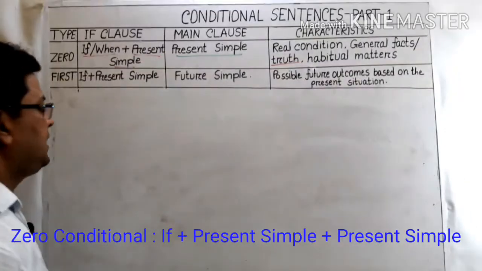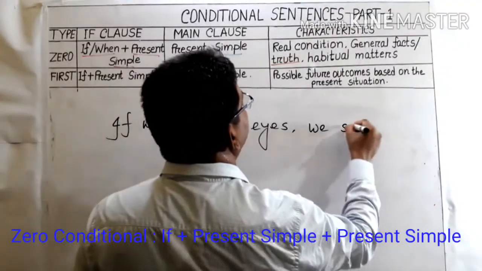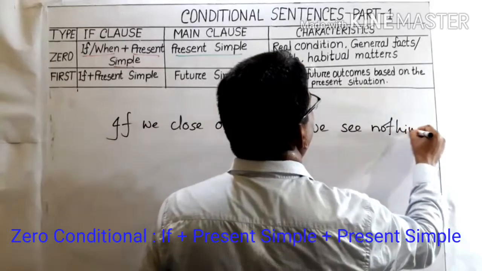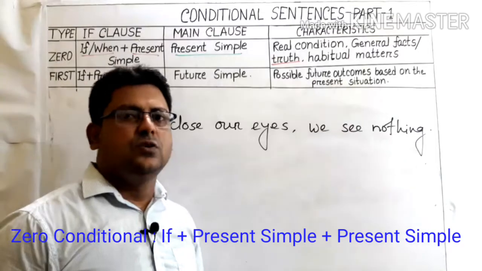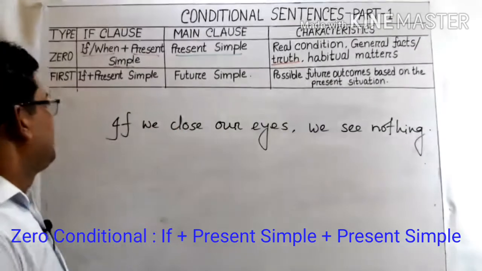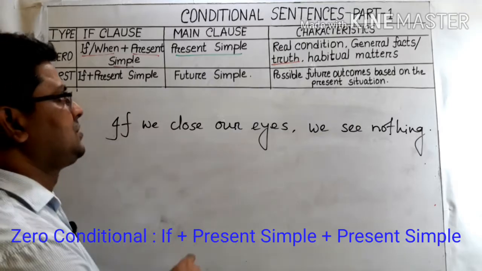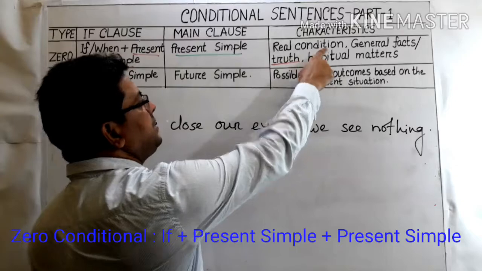Now we will see another example. If we close our eyes, we see nothing. This is also a real condition. This is the characteristic of zero conditional: real condition.